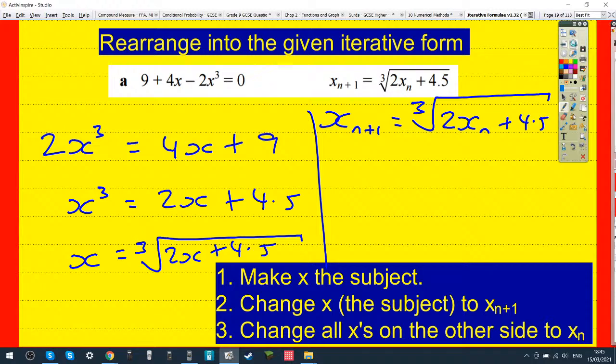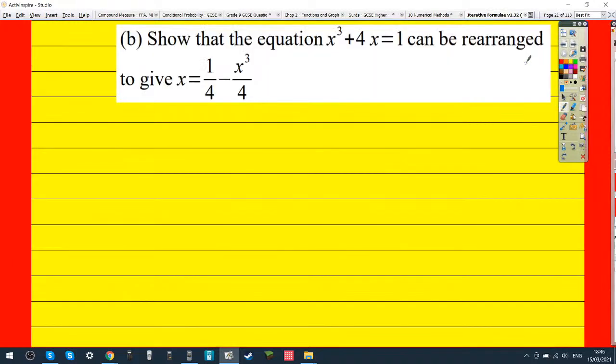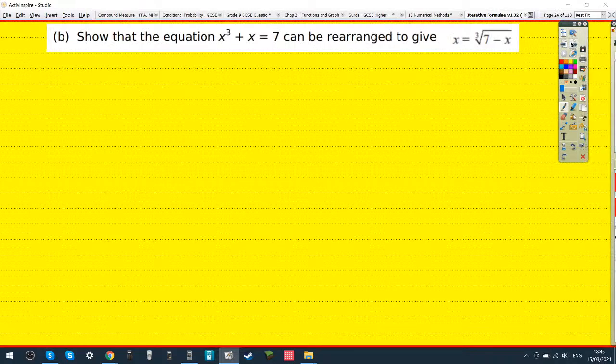Okay. So that's cube root, and so make x cubed the subject. That's square root, make x squared the subject. Let's see this one. Right. Okay, how about this?